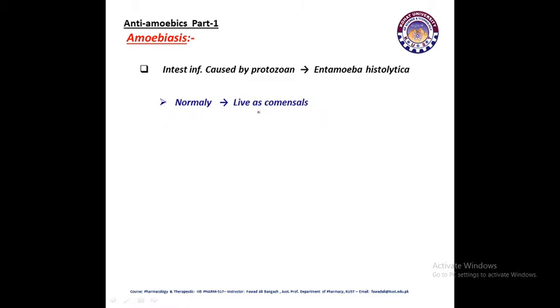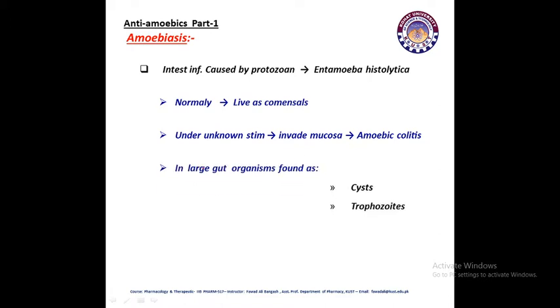Normally it lives as a commensal, but under an unknown stimulus it invades the mucosa and causes amoebic colitis. In the large gut, the organism is found as a cyst or as a trophozoite. They are present in both the cyst form and the trophozoite form in the large gut.